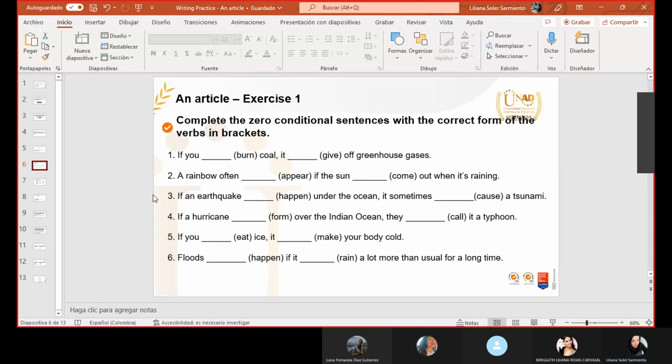Number 6, floods happen, if it rains, exactly, with S at the end.